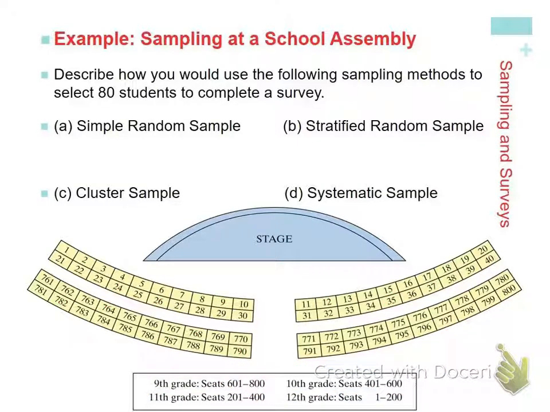A cluster sample means that we're going to section off a good mix within a smaller group, so that our smaller group looks like our population, right? So there are 800, let's see.